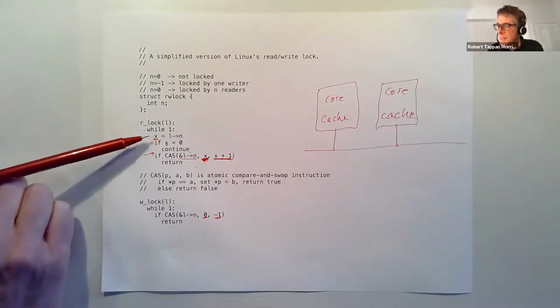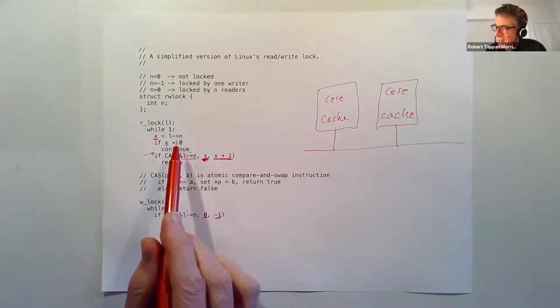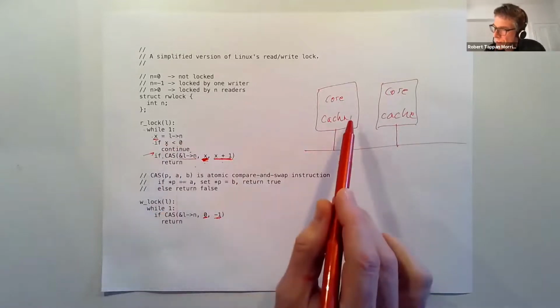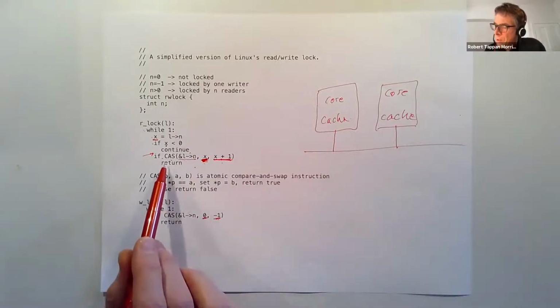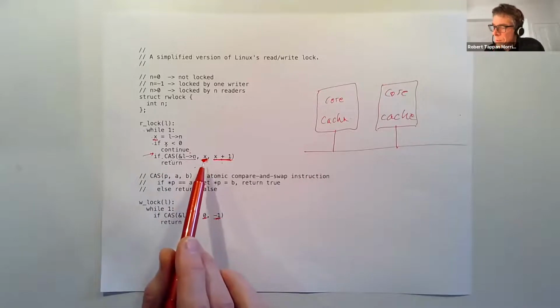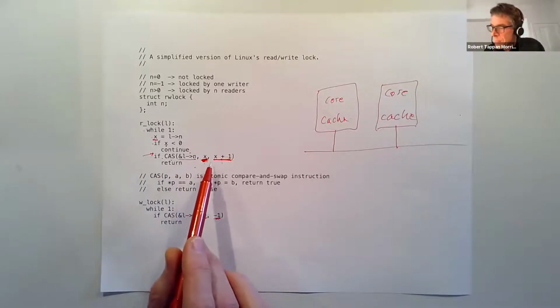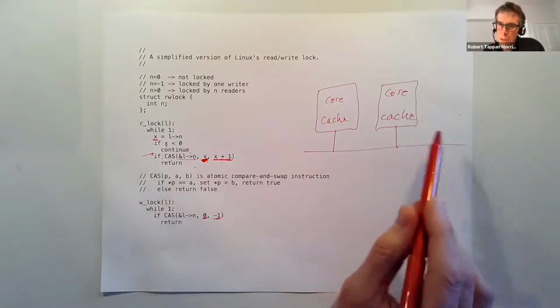they're all going to read this l arrow n value and load this memory location into their caches. They're all going to call compare and swap. The first one to actually call compare and swap is going to modify the data, but in order to modify the data, it has to invalidate all these other copies.